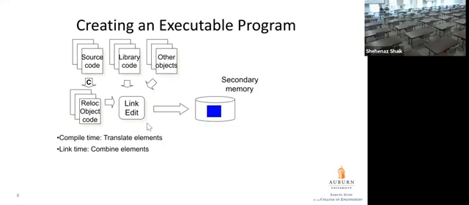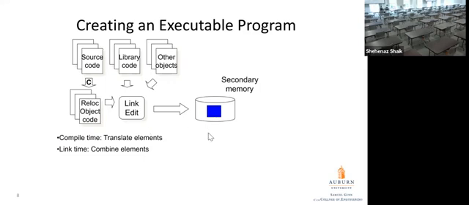Once we have compiled and linked the entire libraries, we have the complete object code which has the relocatable addresses, and the object code is ready to be executed.